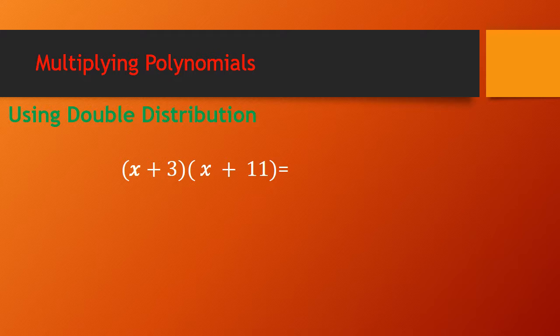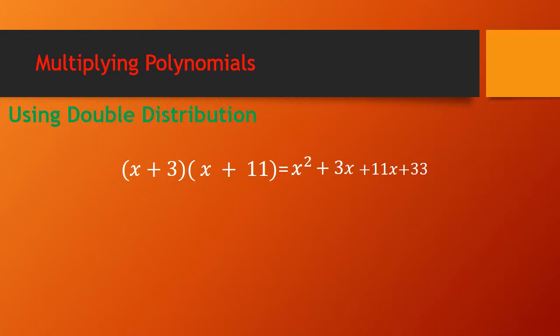So the first thing we learned to do is to multiply x by x, which gives us x squared, and then multiply x by 3, and that would give us 3x. And it's called double distribution because you're going to have to use the distributive property again to multiply x times 11, which gives us 11x, and multiply 3 by 11, which gives us 33.